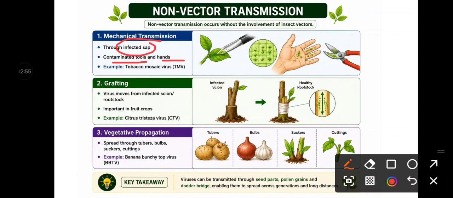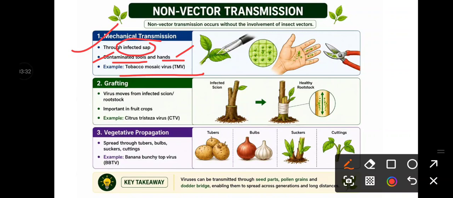The infected sap from an infected plant is transferred to another plant through a contaminated tool, by humans while traveling, or by grazing animals. And a very important example is the tobacco mosaic virus, which is transmitted from one plant to another by mechanical transmission.